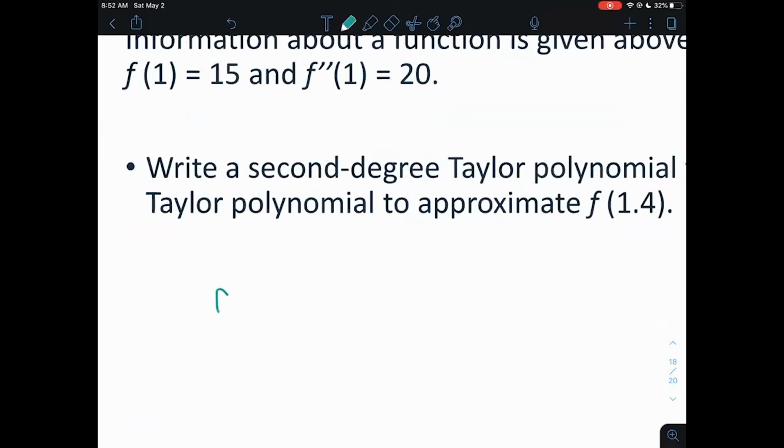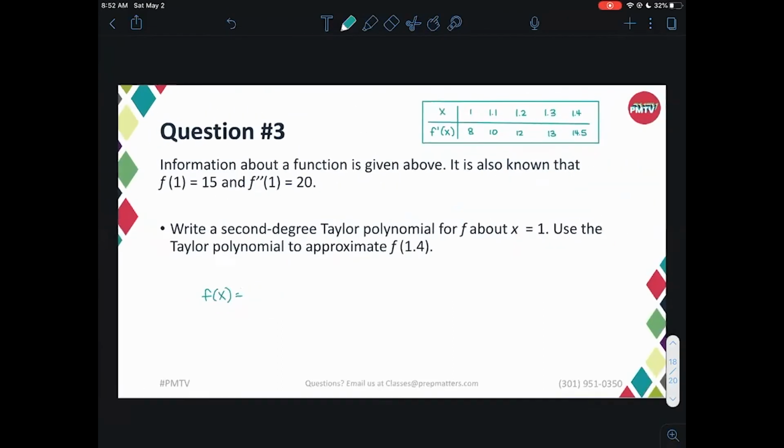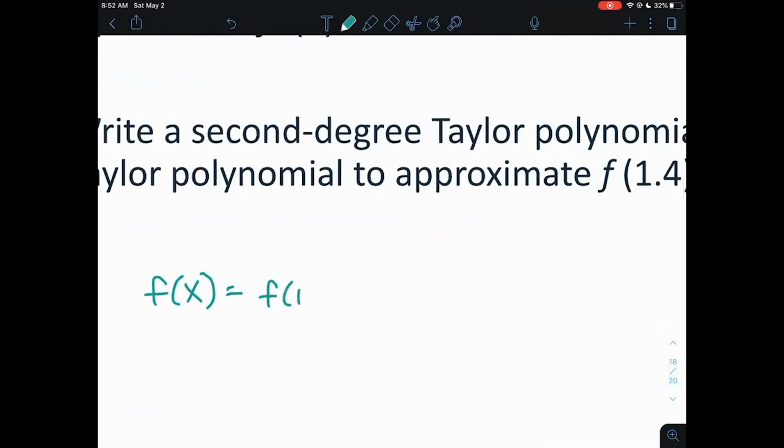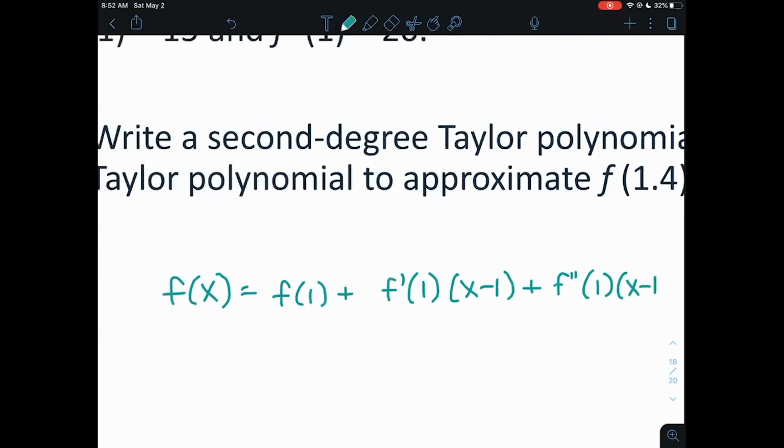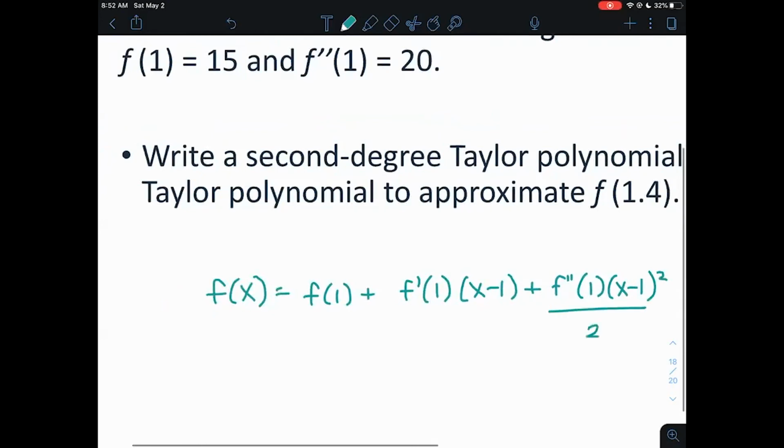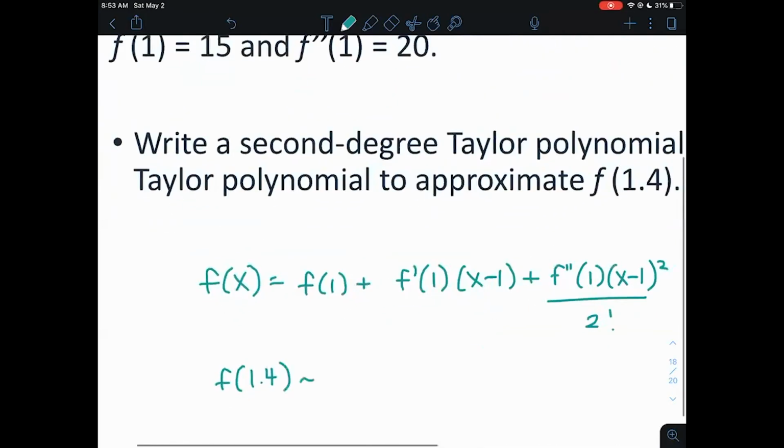So a second degree Taylor polynomial about, what is my a value, 1, would have f of 1, and then f prime of 1, the first derivative, times x minus 1, plus the second derivative, evaluated at 1, times x minus 1 squared over 2 factorial. And when we do that, we can use that for f of 1.4. F of 1.4 would be, in this particular case, not equal to, approximated as 19.8.